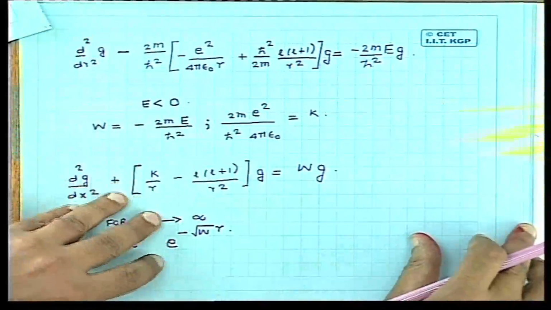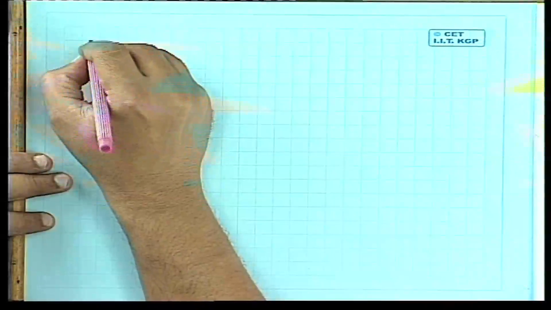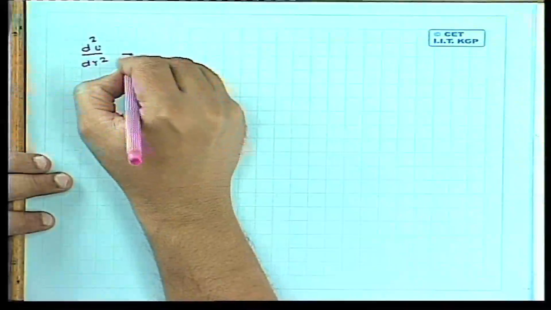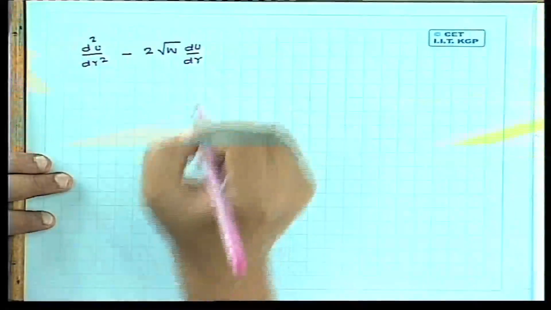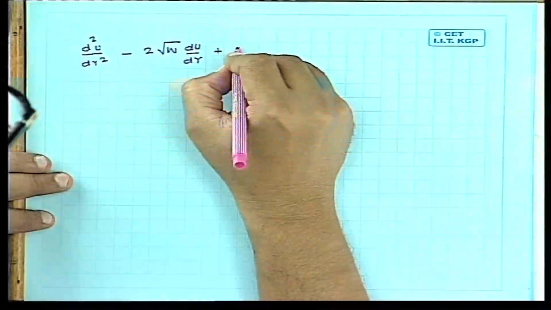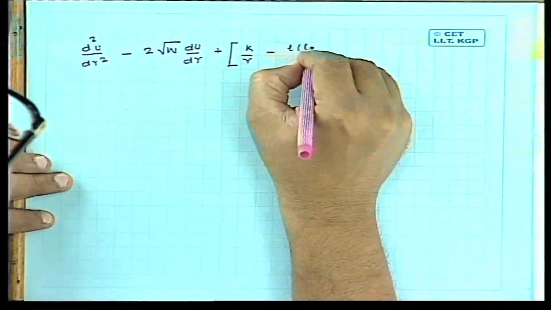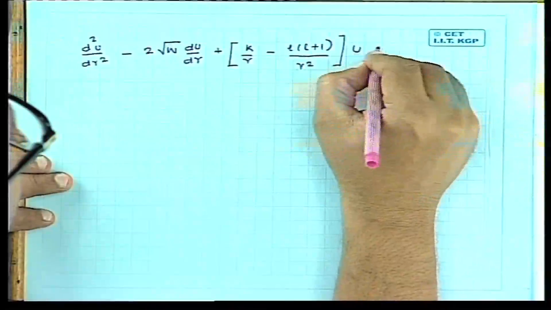So the final equation in terms of this new function u is d square u by dr square minus 2 square root of w du by dr plus k by r minus L into L plus 1 by r square, into u, is equal to 0.